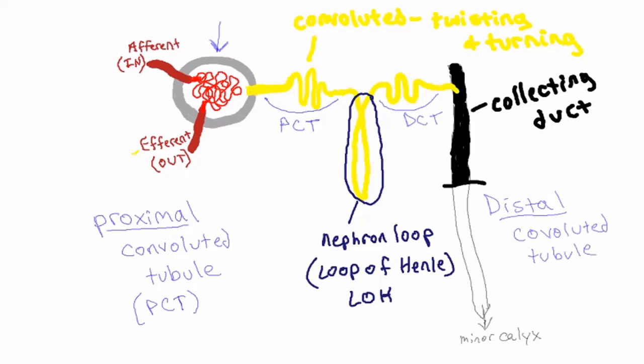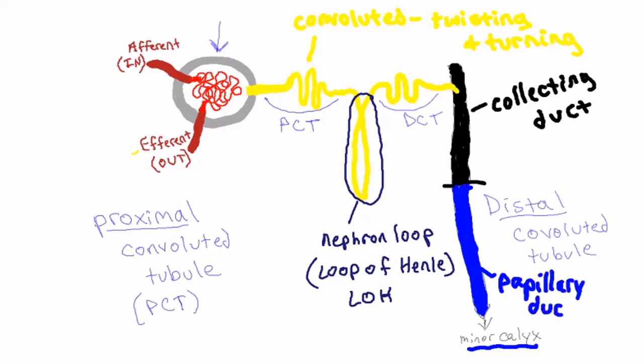Now the bottom half of this duct is called the papillary duct. And this just takes all of the urine that's been emptied into the collecting duct and takes it down to the minor calyx. So this is called the papillary duct. It's just the bottom half of that collecting duct.